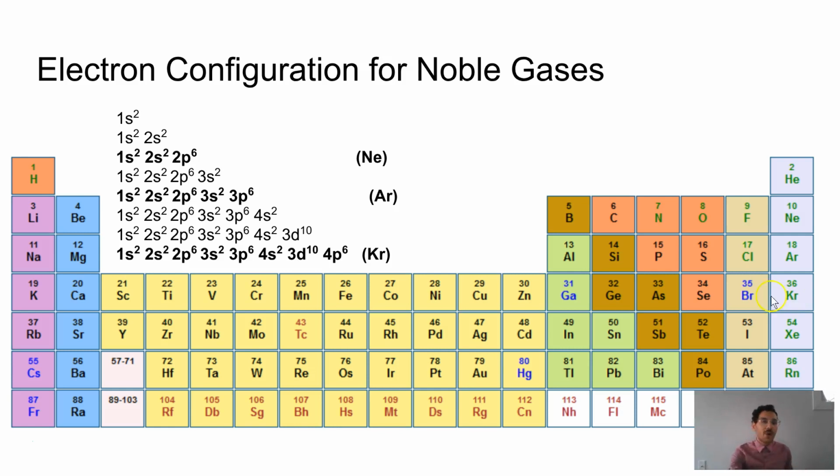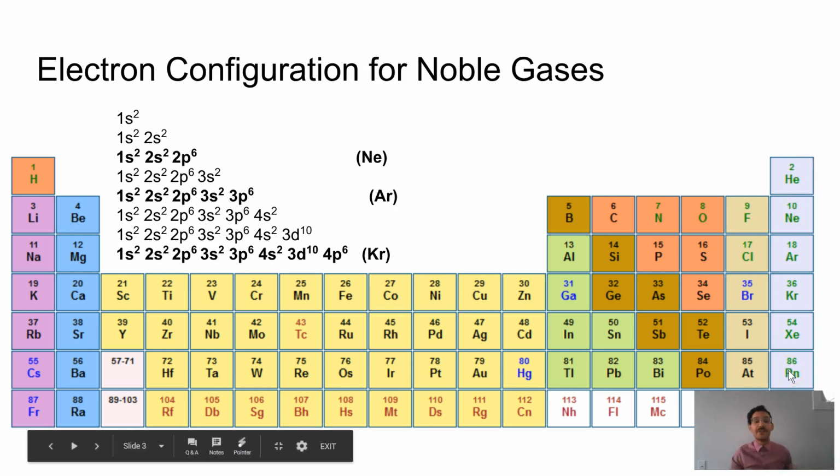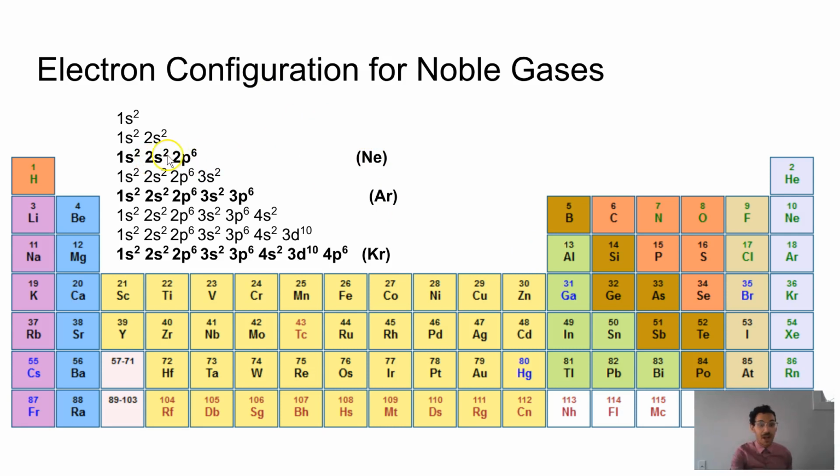And this keeps going. It's no coincidence that every noble gas is going to sit in this row, so they all have filled p subshells. And if we look at how many valence electrons each one has, for neon, the second shell is full, so 2 here and 6 here, so 8 valence electrons.